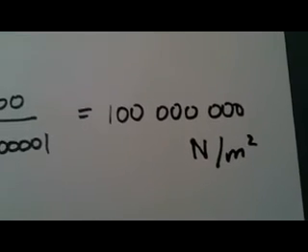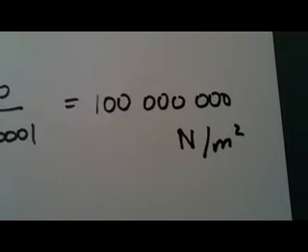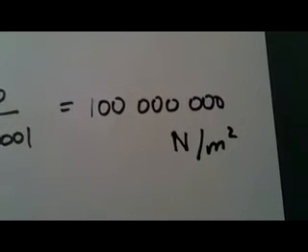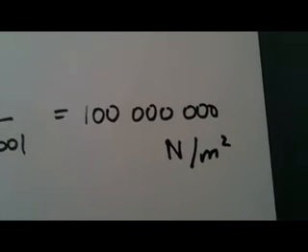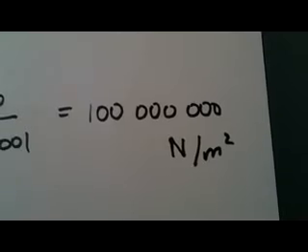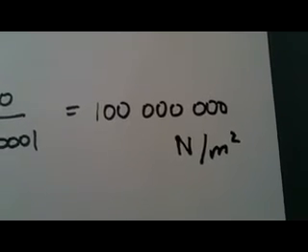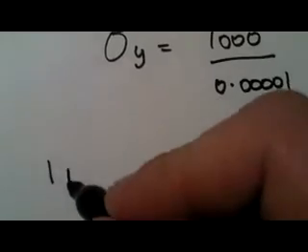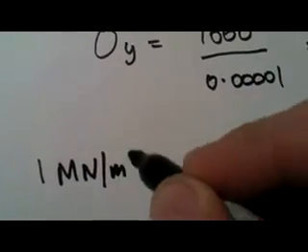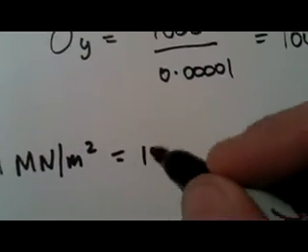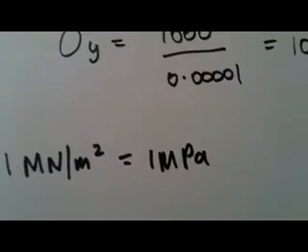But normally if you look at stress values, if you look at a material chart for a particular material, then its yield strength will be in megapascals or meganewtons per meter squared. So 1 meganewton per meter squared is the same as 1 megapascal, like that.